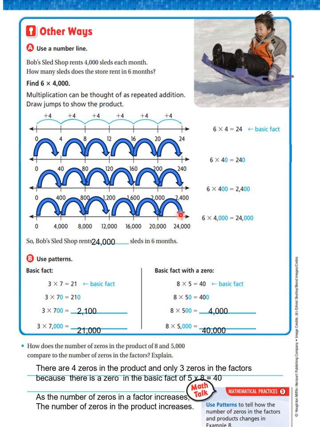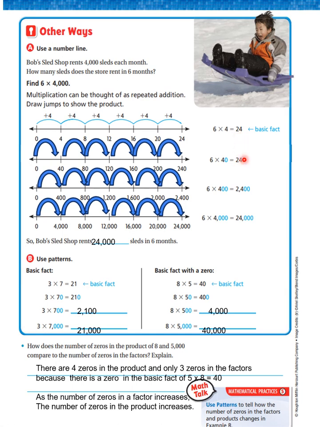So, how did the numbers on the number lines change from one line to the next? Well, each number line is 10 times greater than the line above it.